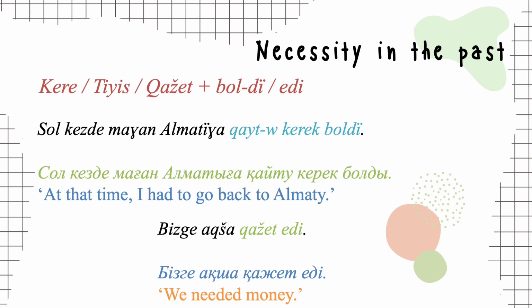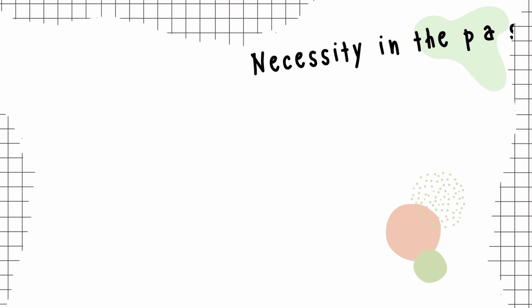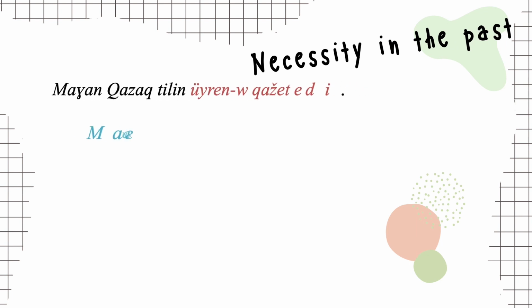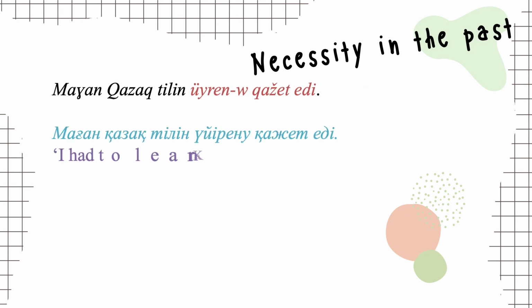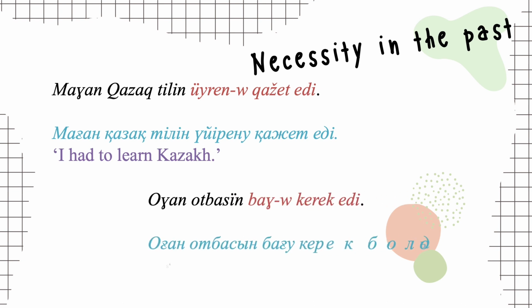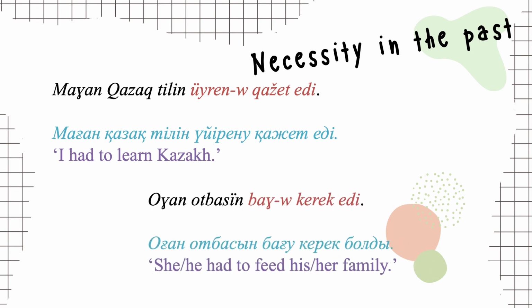Бізге ақша қажет еді. We needed money. Маған қазақ тілін үйрену қажет еді. I needed to learn Kazakh. Оған отбасын бағу керек еді. She or he had to feed his or her family.